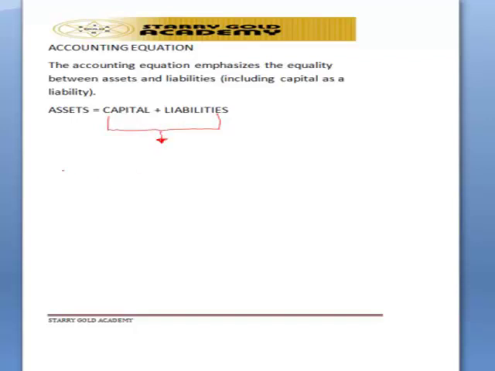Okay, so A equals capital plus liability. If I'm looking for capital, it will become A minus L. That is the subject of the formula. And if we're looking for L, it will become A minus what? Minus C. So this is the accounting equation.